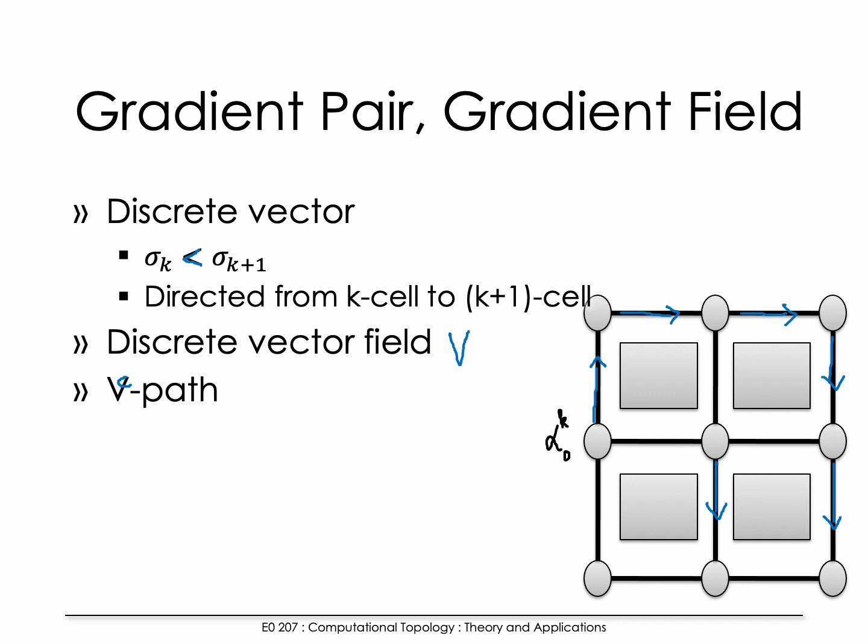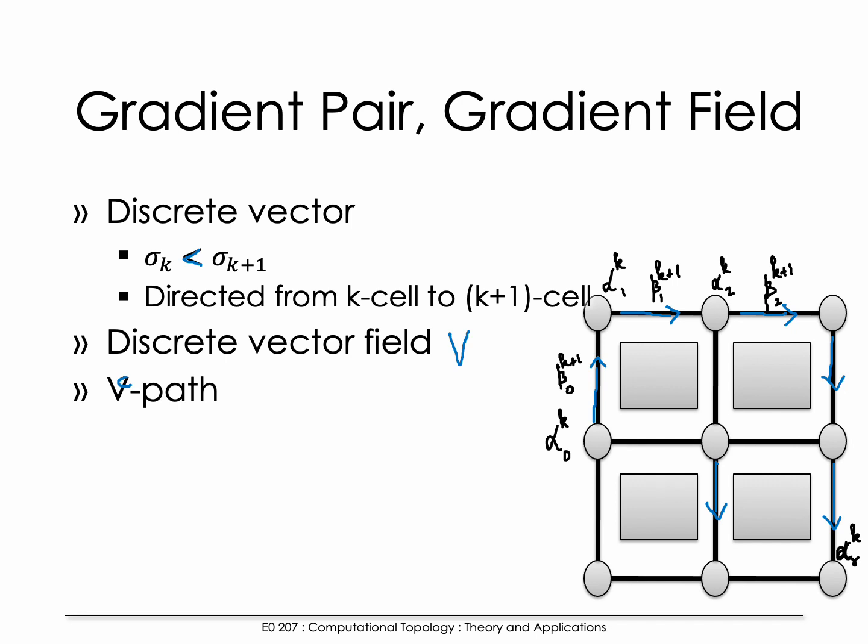Here the dimension is 0 because it's a vertex, followed by beta, which is the first in this path, and the dimension is k plus 1, followed by alpha sub 1, again dimension k, beta sub 1, dimension k plus 1, alpha sub 2, dimension k, beta sub 2, dimension k plus 1, and so on until we reach a target, which is, let's call it, alpha sub r, dimension k.